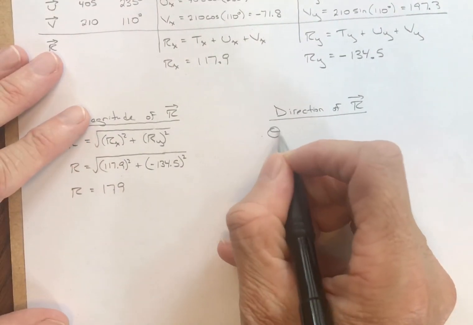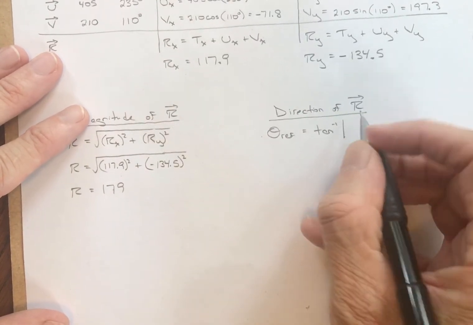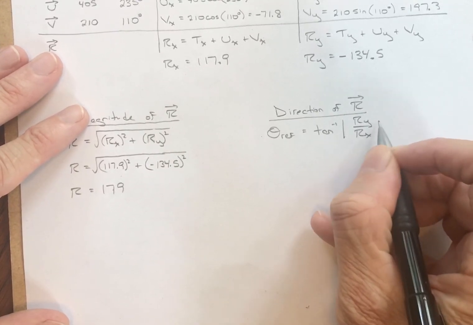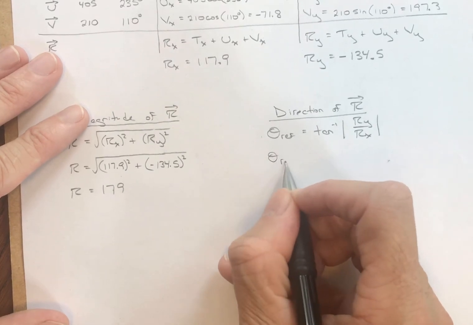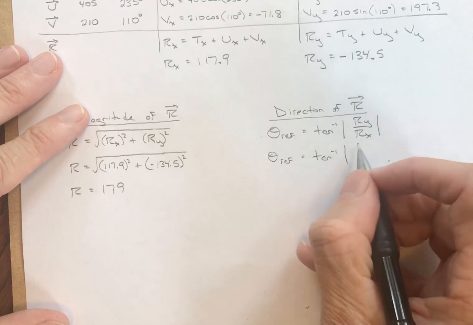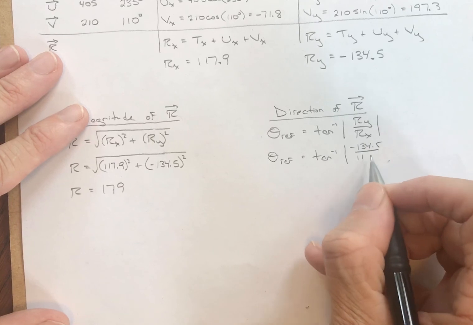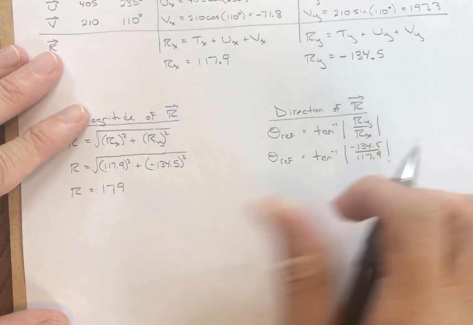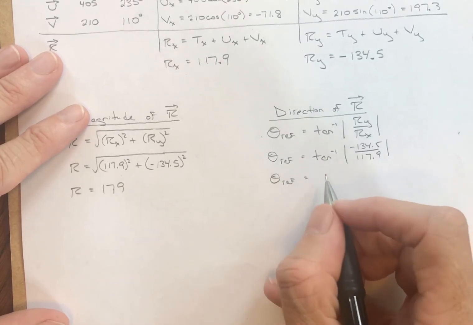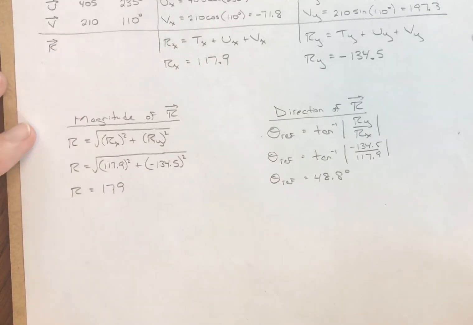So the reference angle is the inverse tangent of the absolute value of the y component divided by the x component. So the reference angle is the inverse tangent of the absolute value of negative 134.5 divided by 117.9. Pop that into a calculator, our friend, and out comes 48.8 degrees. That's the reference angle.